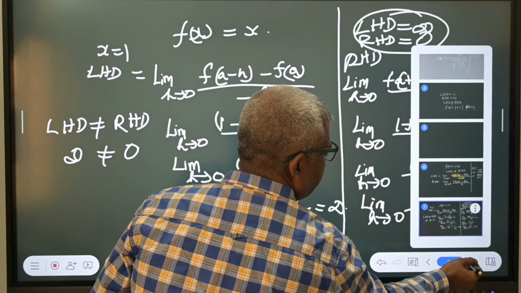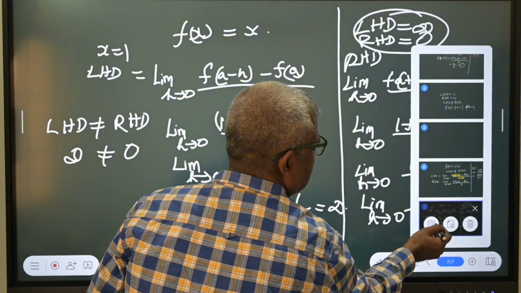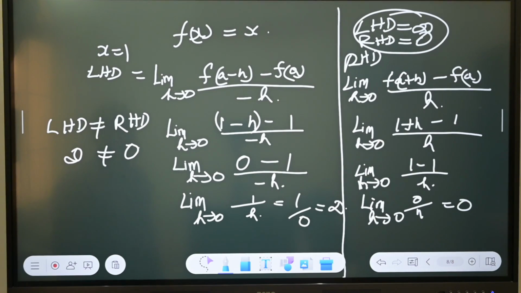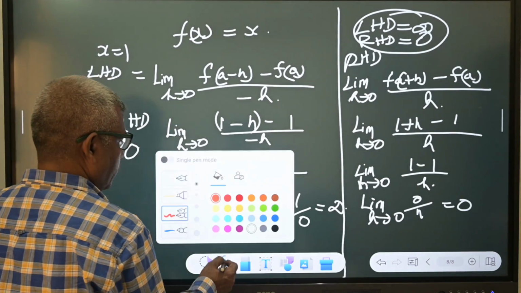Now let us see, instead of x is equal to 1, let it be x is equal to 2.